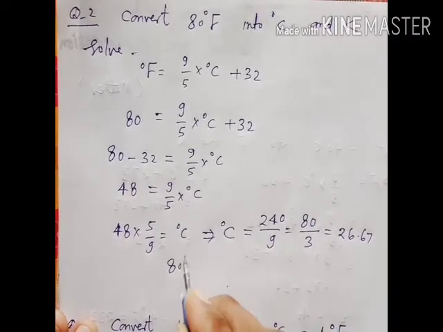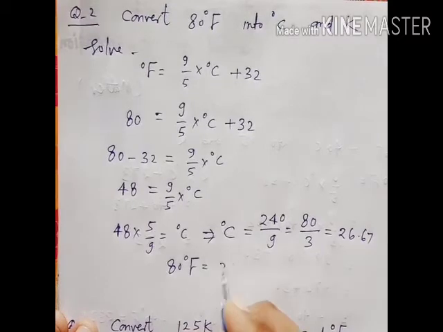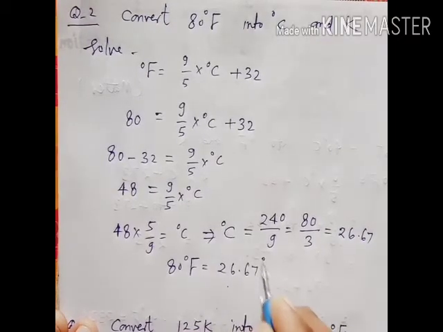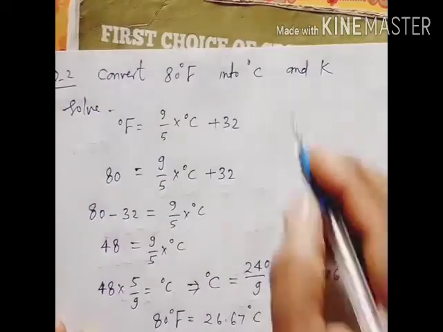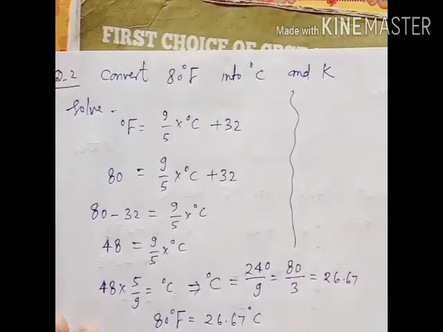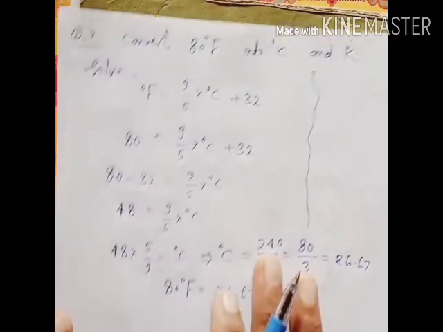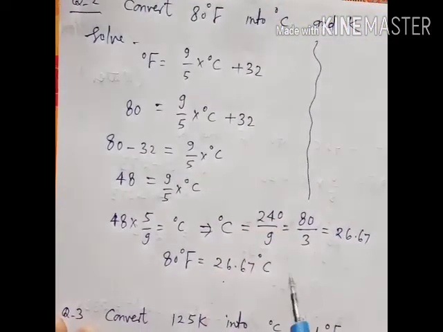Means 80 degree F is equal to 26.67 degree Celsius.